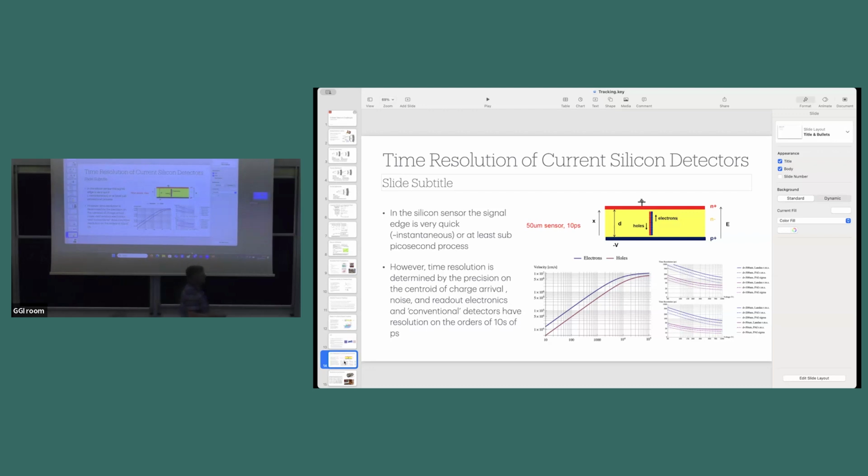And then you also have to include information about the noise and the readout electronics and the shaping of the signal, which add to that inherent resolution. But it turns out that these conventional detectors have on the order of tens of picoseconds intrinsic resolution that we've been able to achieve.